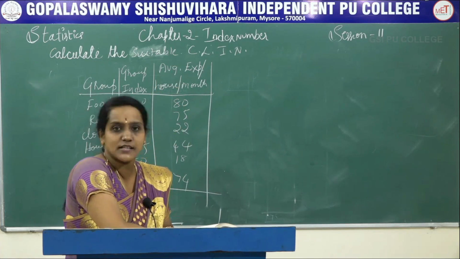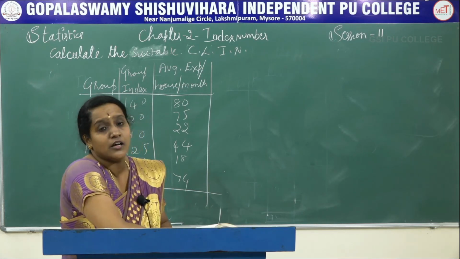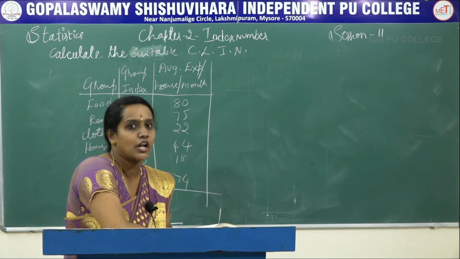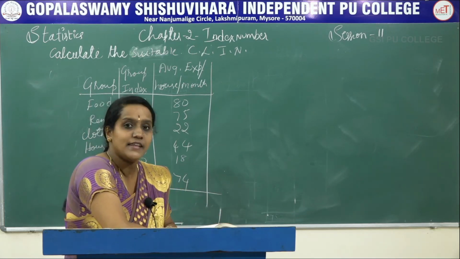Expenditure we can consider as W, but to find the cost of living index number we don't have any P1, P0, Q0 or Q1.